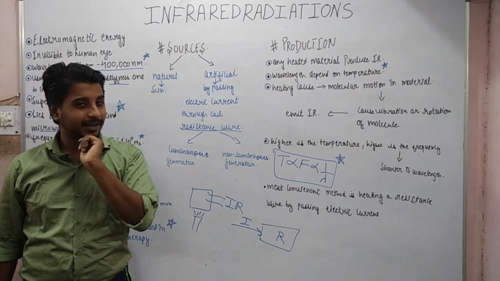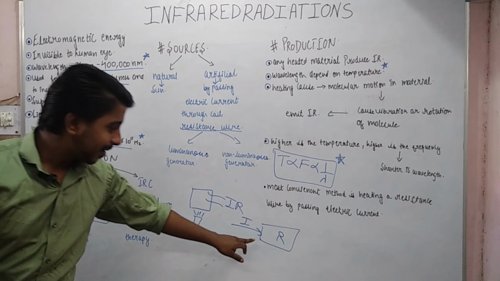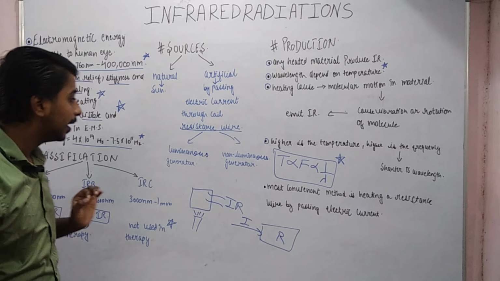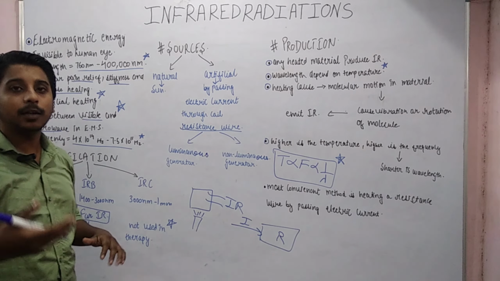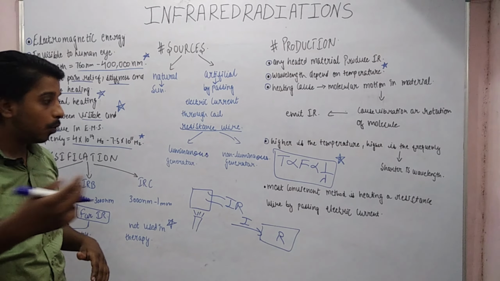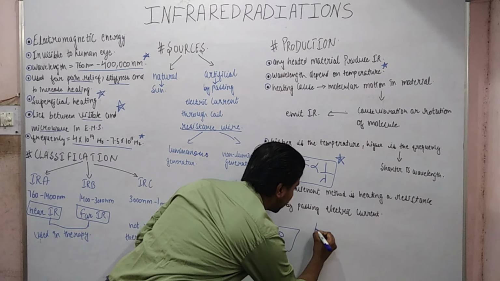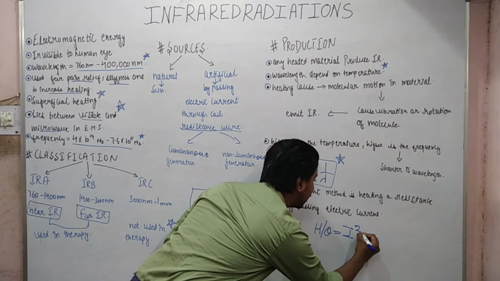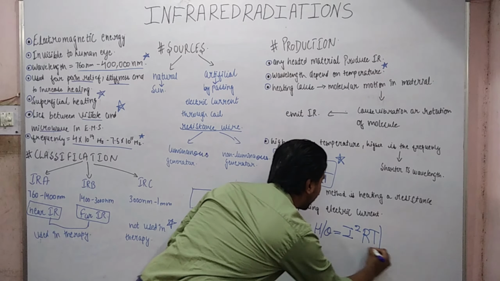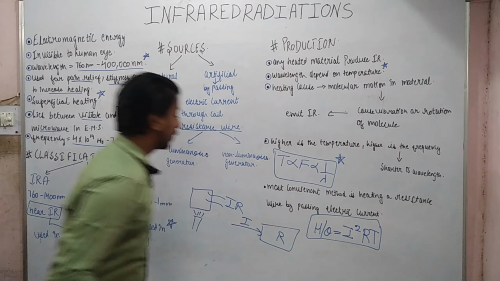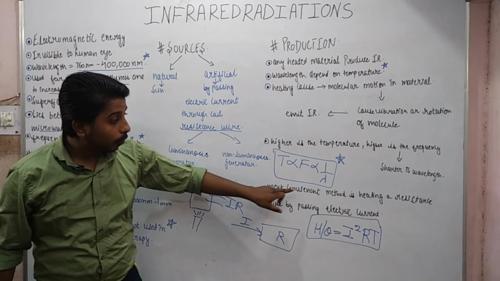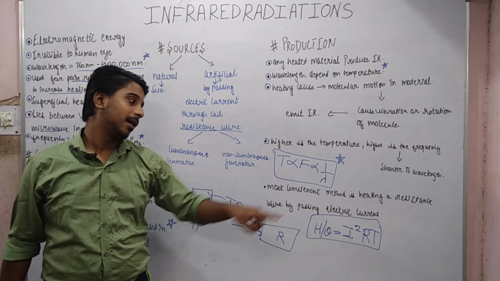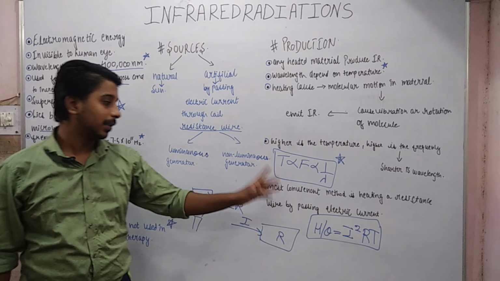Which law is the basis of this thing? Joule's law of heating, that is H, that is heat, or we can denote the heat by Q. So H, or Q, is equal to I square RT. So this is the thing: the most convenient method is heating the resistance wire by passing the current.